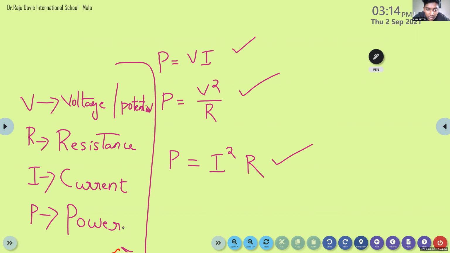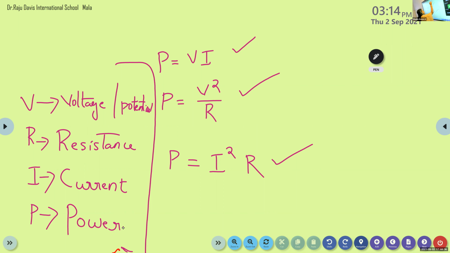I want to calculate the value of power of an electric circuit, but the value of current is not provided. So which equation can I use here to calculate the electric power? Yes, the second equation, P is equal to V square by R.